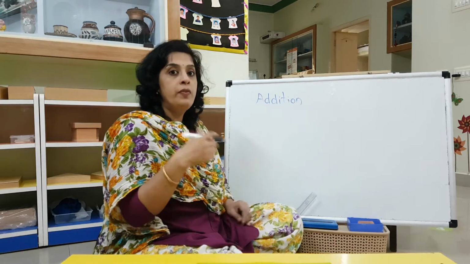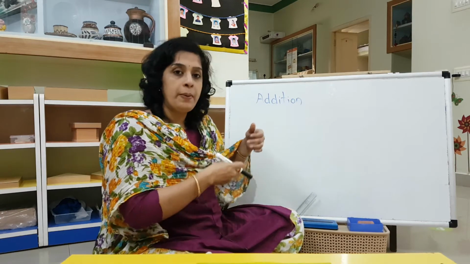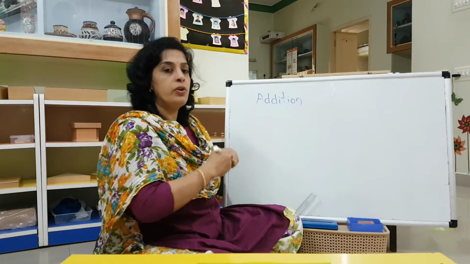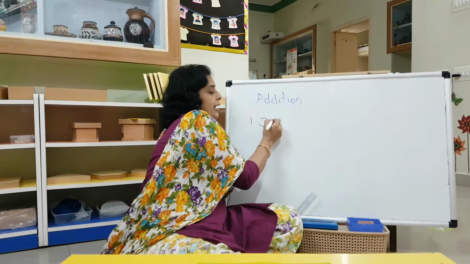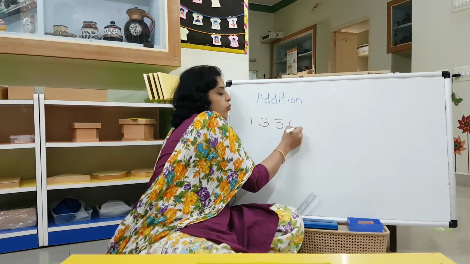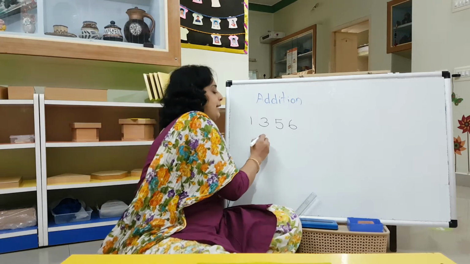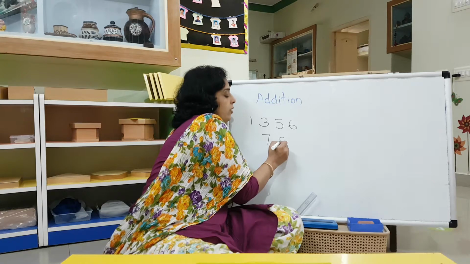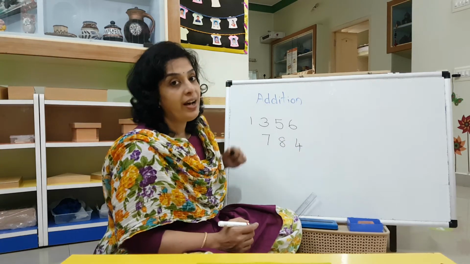In addition, remember we were giving out numbers or quantities to so many people. Let's say it was Nishwant's turn. So Nishwant writes 1356 as one quantity for his mother. Then he gives 784 for his father.